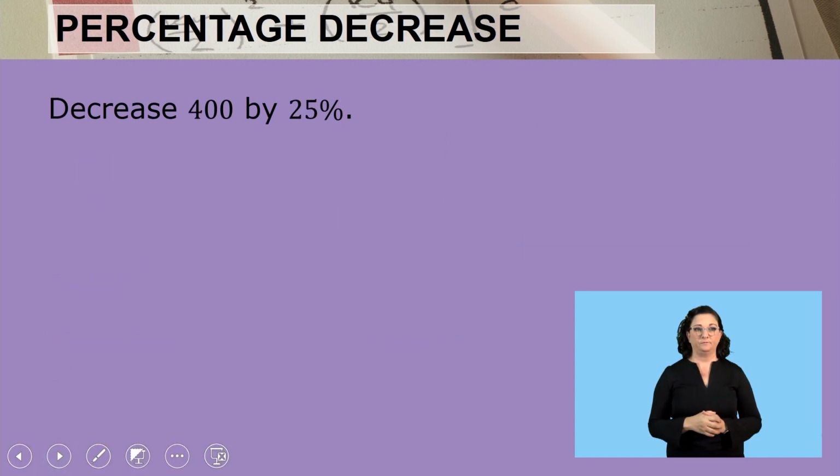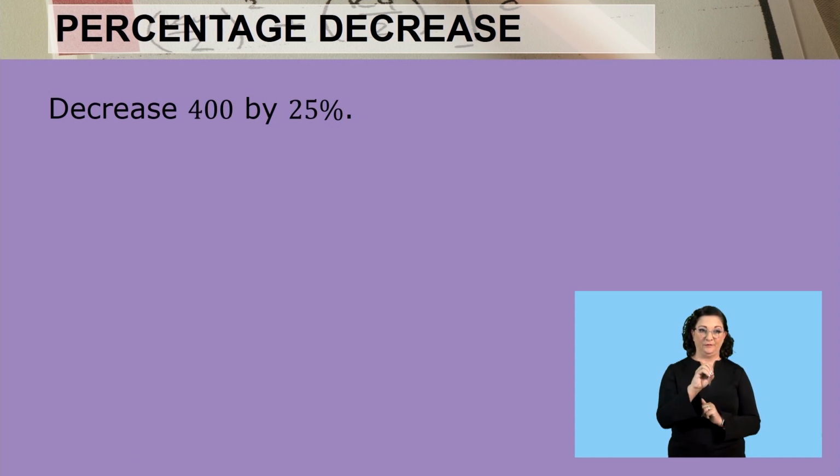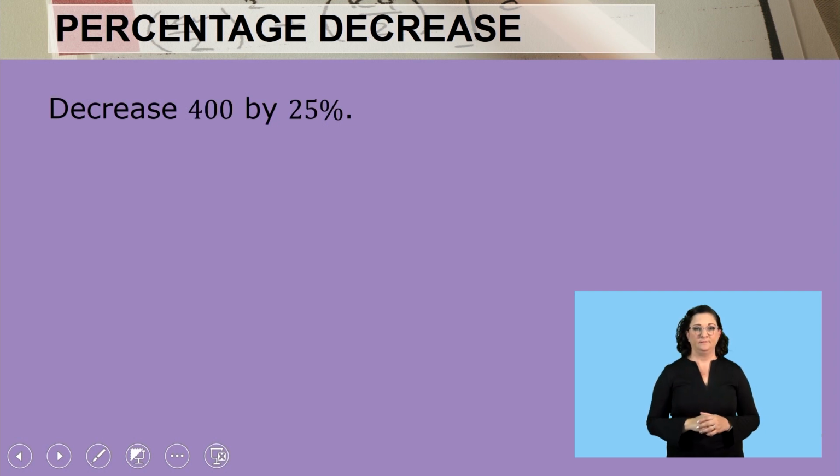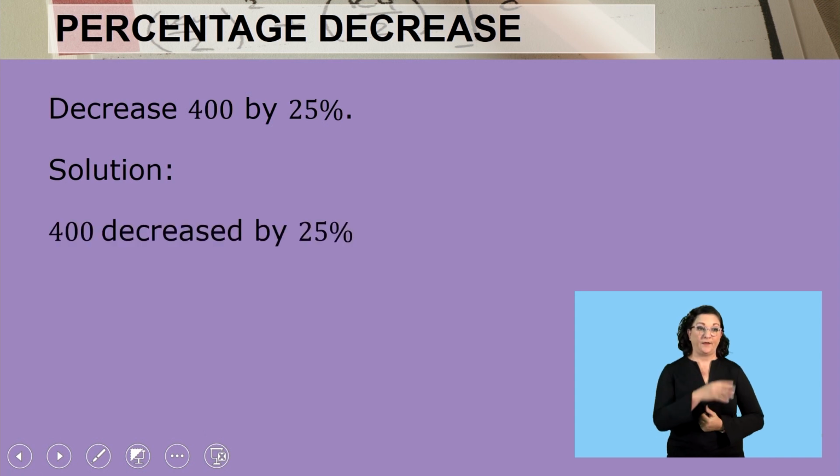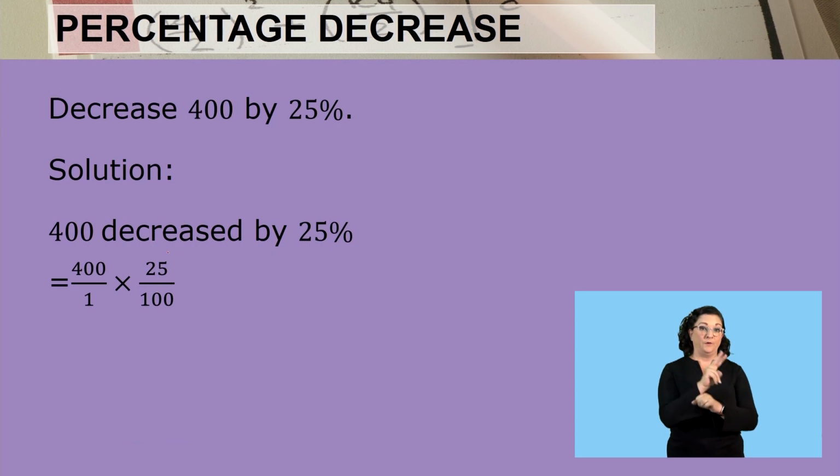Now, this next example says, decrease 400 by 25%. The solution says, remember, 400 is decreased, so we must subtract at the end, by 25%. 400 multiplied by 25%, 25 out of 100.